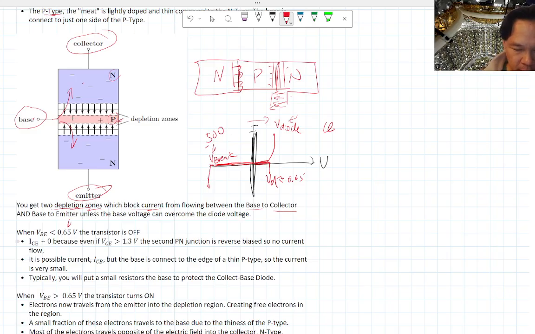In this case, the current from the collector to the emitter is almost zero, so we get this little leakage current. Even if the voltage between the collector and the emitter is bigger than twice the diode drop, it still cannot push current through because one of the PN junctions is reverse biased.